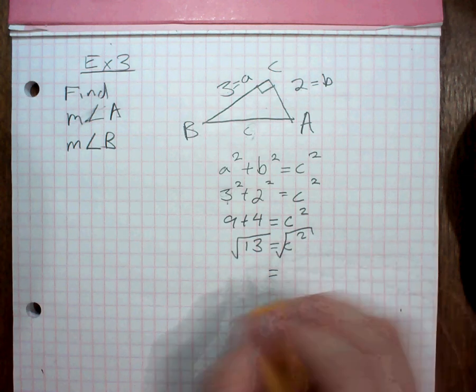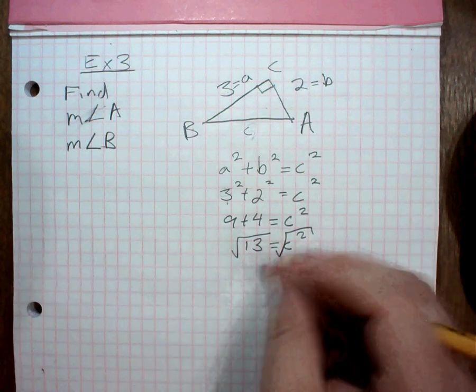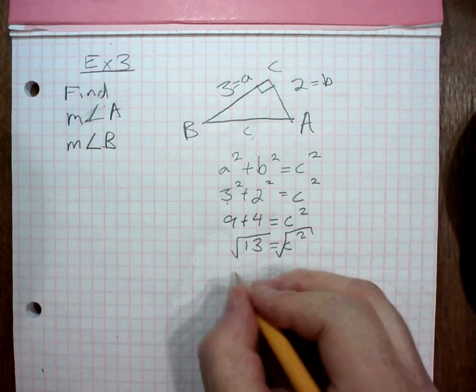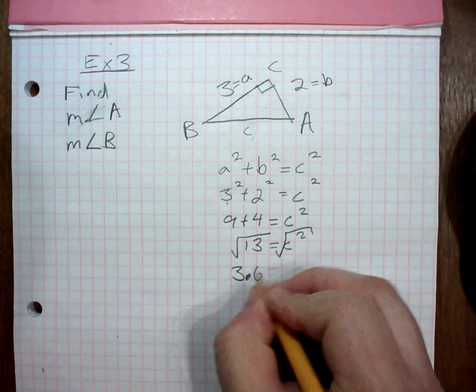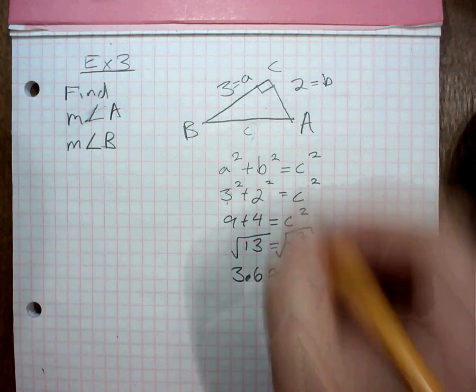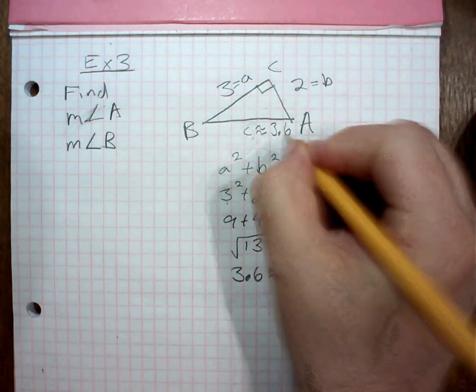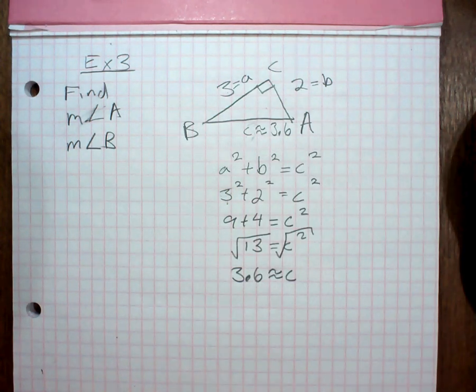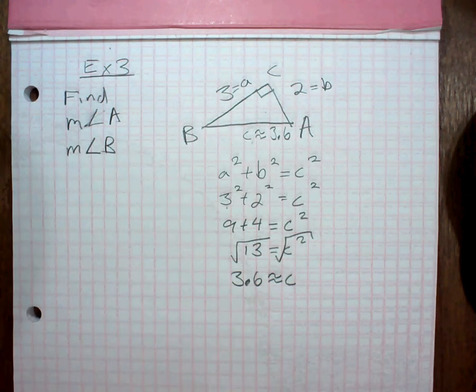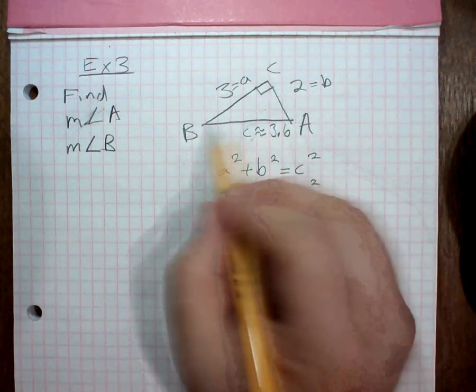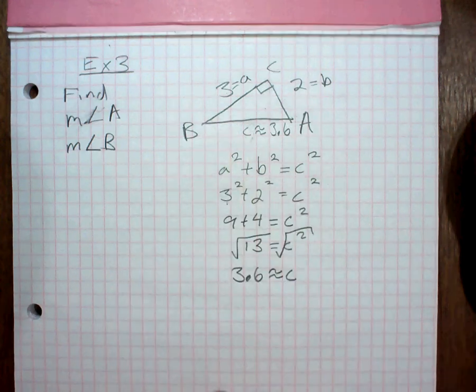Now the square root of 13 is approximately 3.6. So c then is approximately 3.6. Okay? So now I can find the measure of angle A and the measure of angle B.